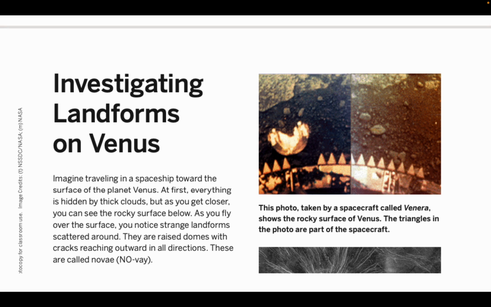And then in the fourth line of that paragraph, it says, you can see the rocky surface below. So I circled those rocks and connected them to the word rocky, which we highlighted in green. I just drew a line from the rocks to the green. Like, there's your proof. Okay? I'm making these connections as I'm reading them.